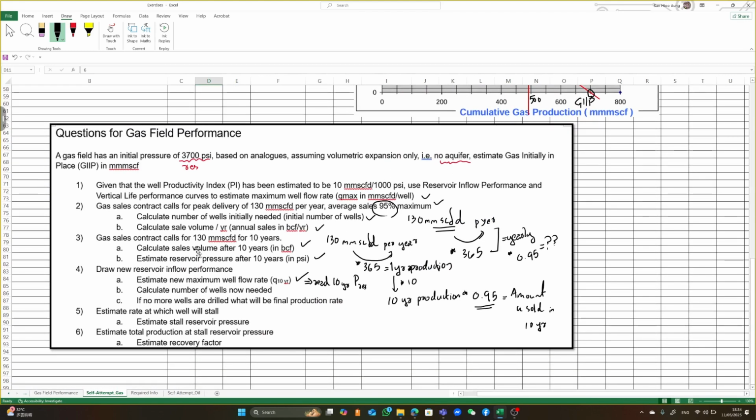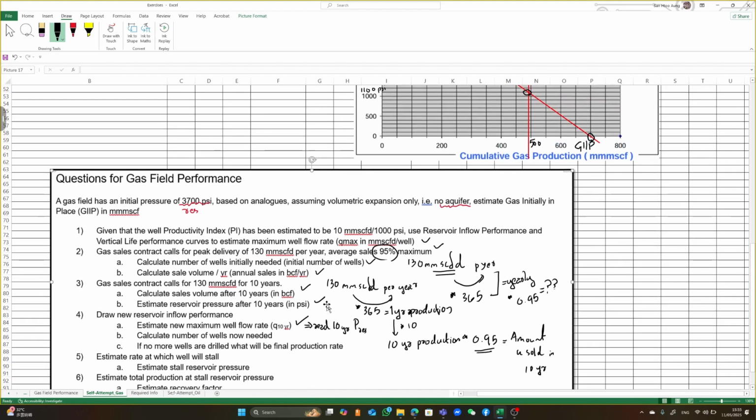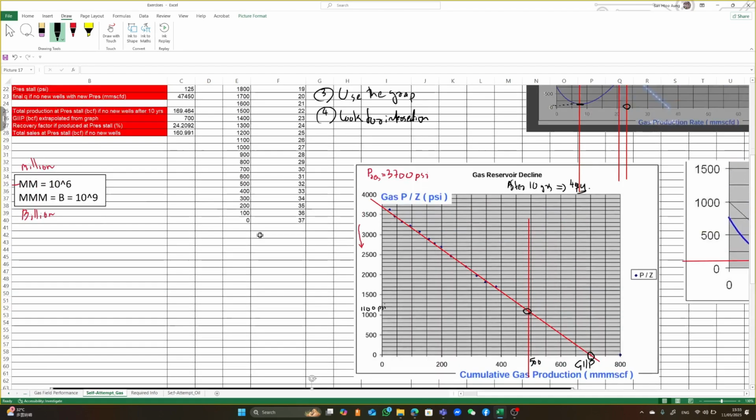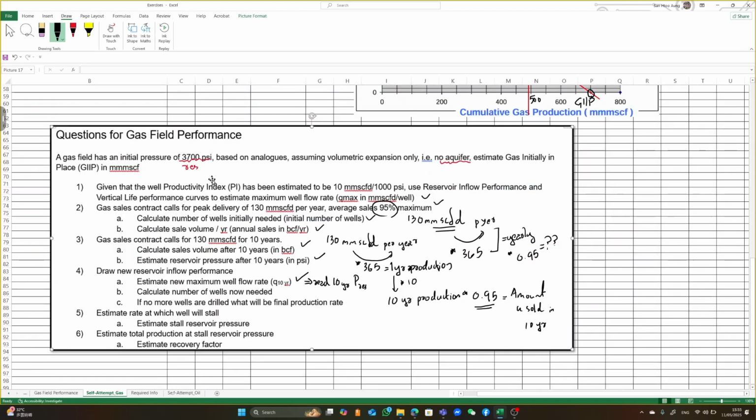Okay. So another question is asking us, okay, we have done this. If no more wells are drilled, what will be the final production rate? Considering that no more new wells are drilled, and we keep producing from the wells that we have just implemented, what will be the final production rate?